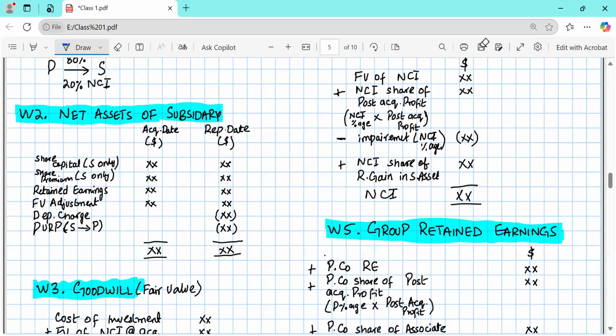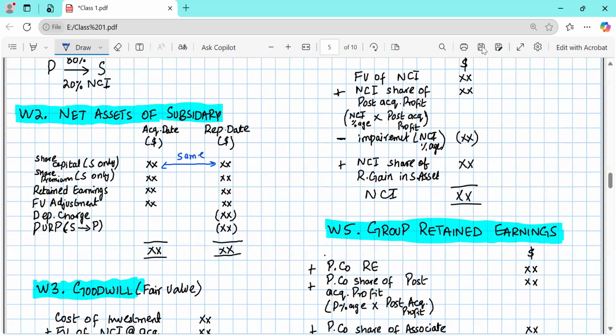Okay. First thing is share capital. Here you will write down the share capital of the subsidiary company only. From the financial statement of the subsidiary, you will just post the subsidiary's share capital here. Okay. And the share capital of the subsidiary at acquisition date and reporting date remains the same. Why?